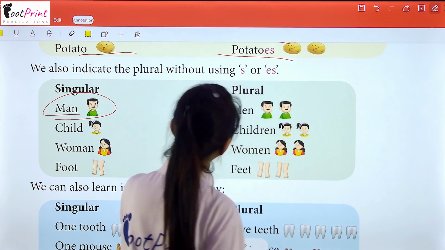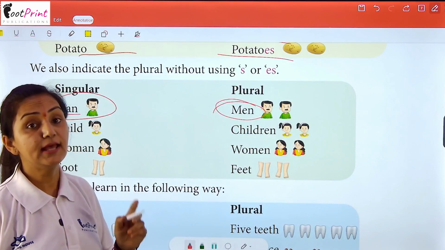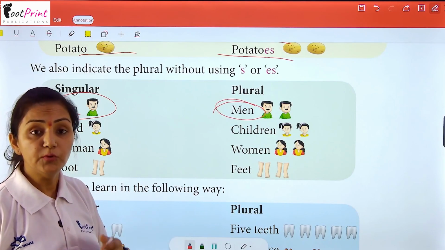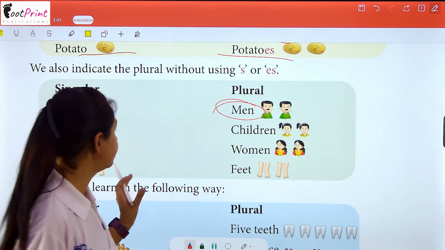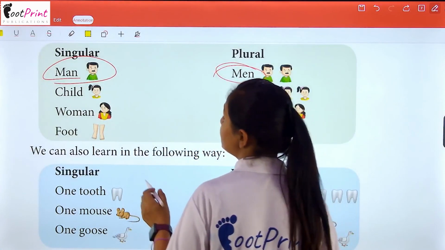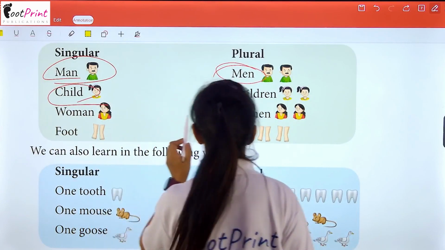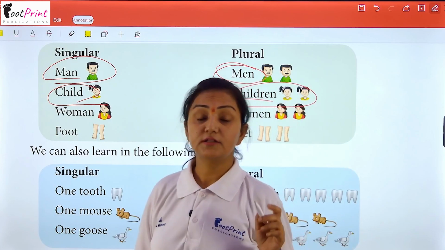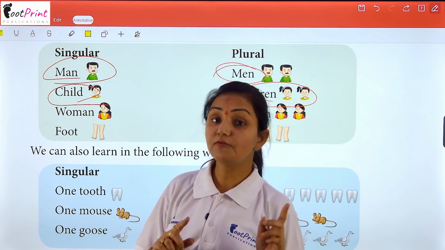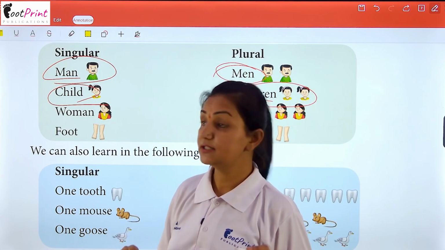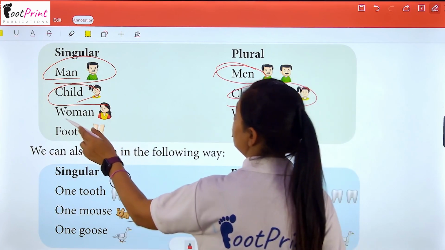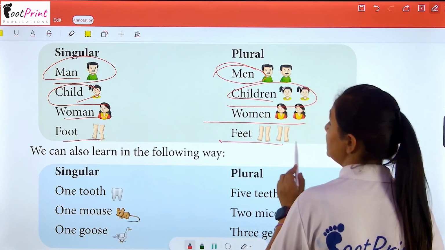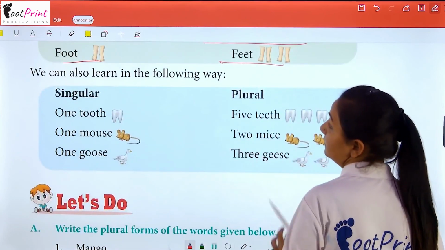But when we talk about the spelling M-E-N, it will be counted as plural form. Okay? Now here we have the spelling of child, meaning one child. When we say children, it shows the plural form of child. Woman, women. Foot, feet. Okay?